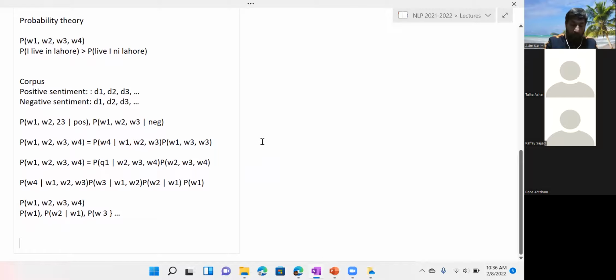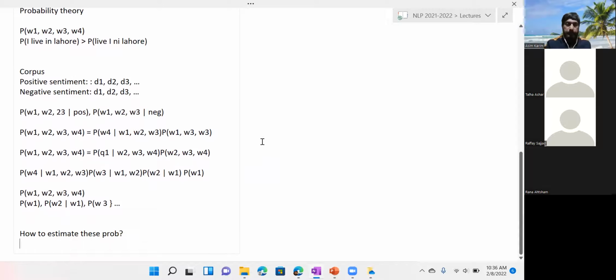So now how to estimate these probabilities? And that, of course, is the model. Once you have estimated all probabilities for a particular language, that essentially is called the language model, because then you can use it to find the probability of any sentence or any sequence of words.